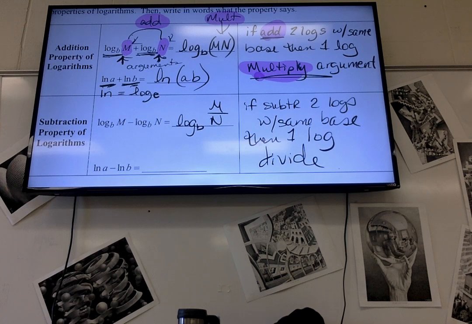So we just took the m and divided by the n because we're subtracting log base b of m minus log base b of n. So with natural logs, what would it be? A over B. Yeah, a over b. So add changes into multiply. Subtraction changes into division.